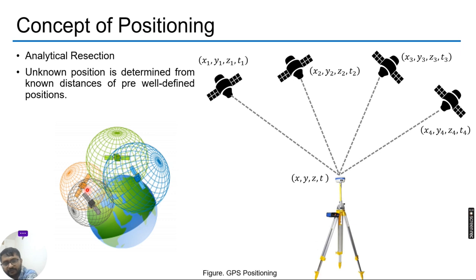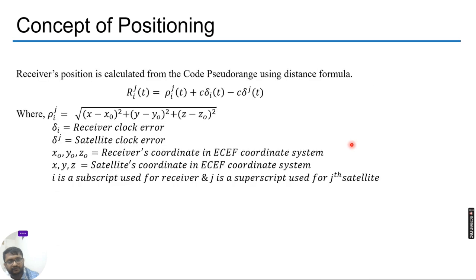So we will consider the point which is on earth, and according to that we find the location of the user. This procedure is known as analytical dissection, or trilateration, a process where we know the distance between points, and based on that we find the location of the user.